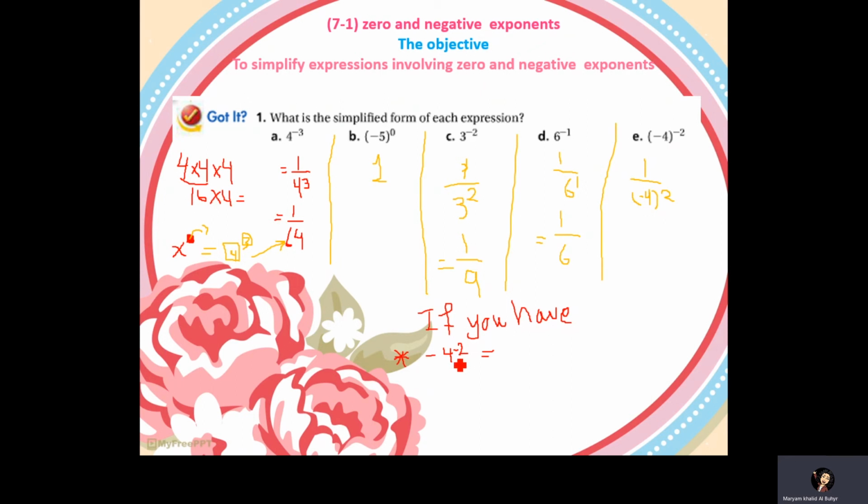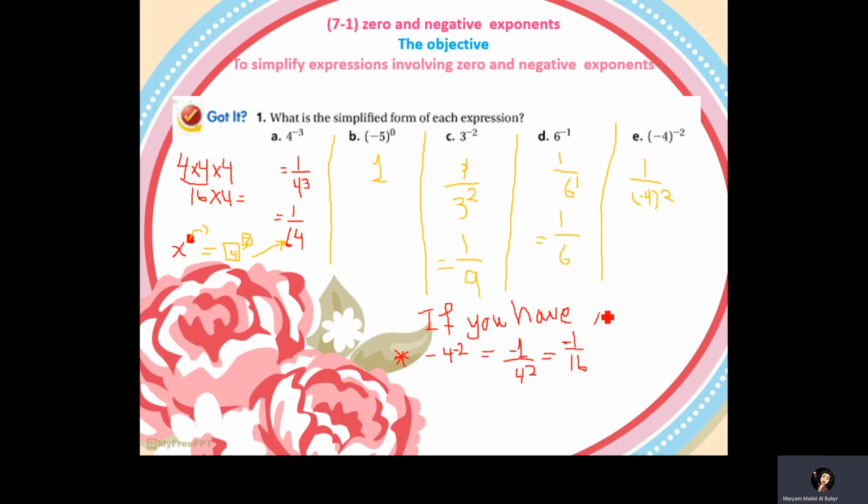The negative is only for 4, so that will be -1 over 4 to the power 2, which equals -1 over 16.